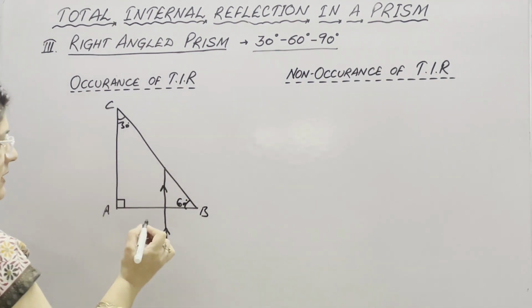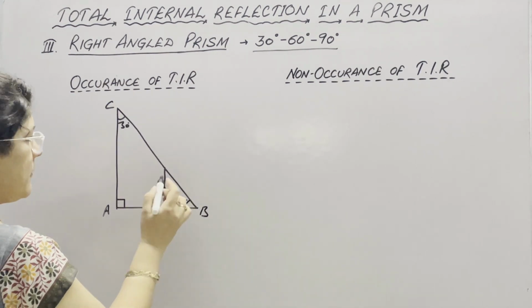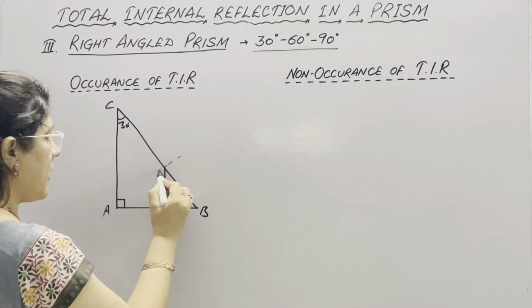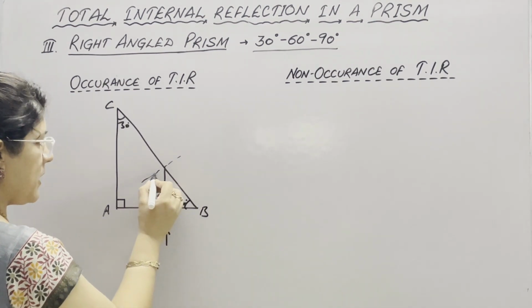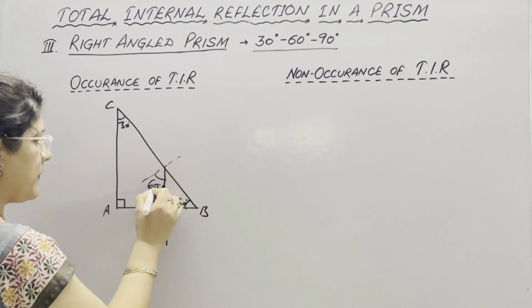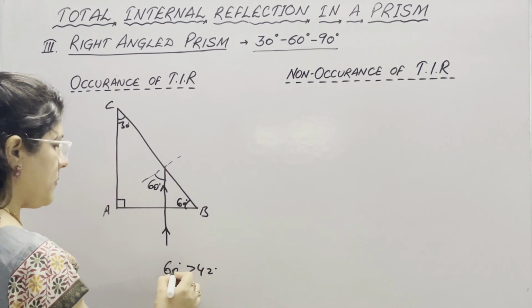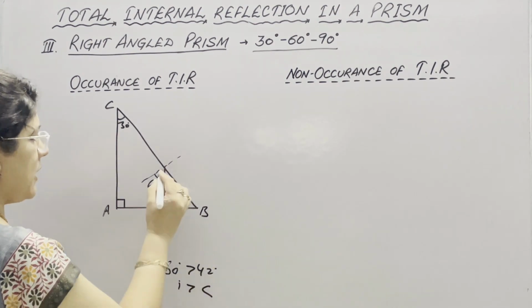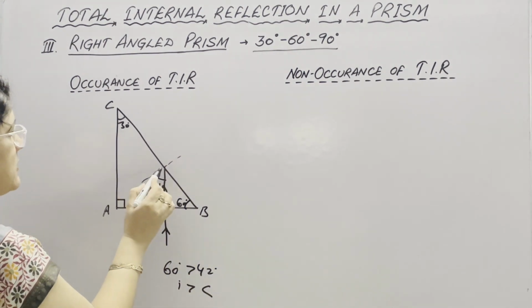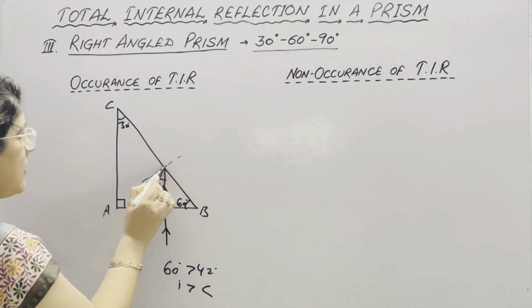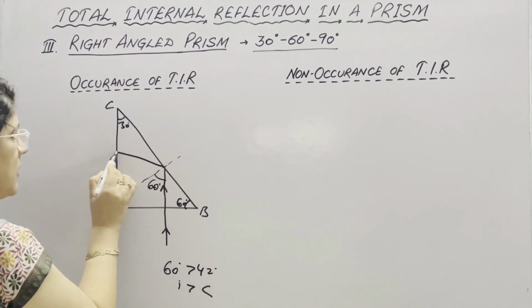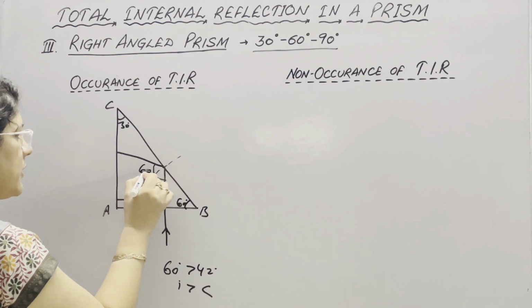When it passes undeviated, it strikes this hypotenuse side, and here it makes an angle of 60 degree. Now we know that again 60 degree is greater than 42 degree. It means the angle of incidence is greater than the critical angle. So here TIR happens and the ray goes inside the prism making an angle of 60 degree.